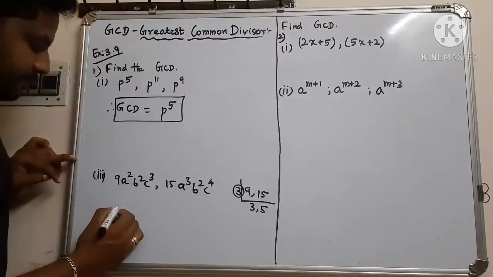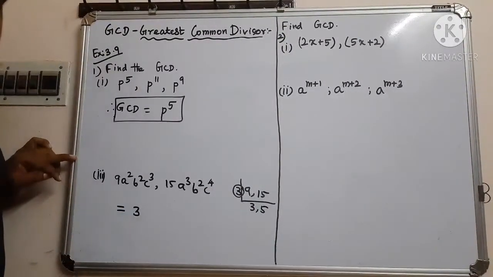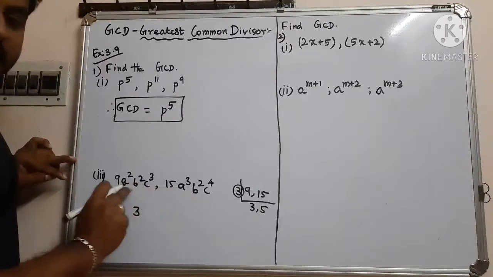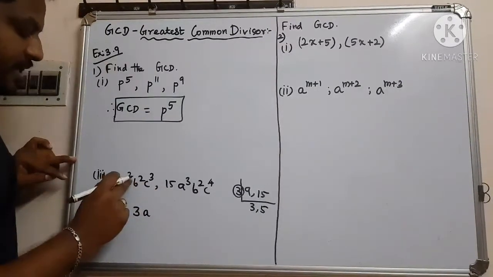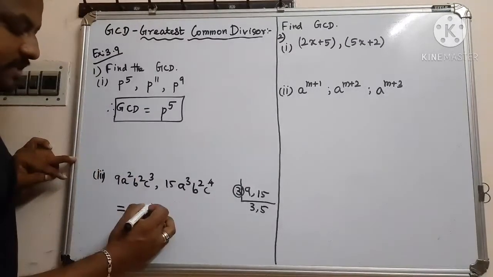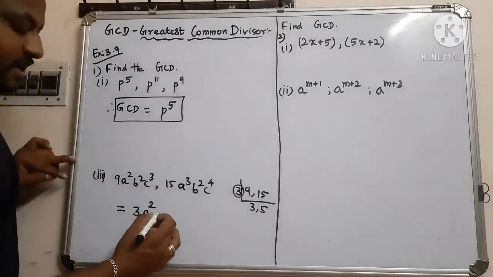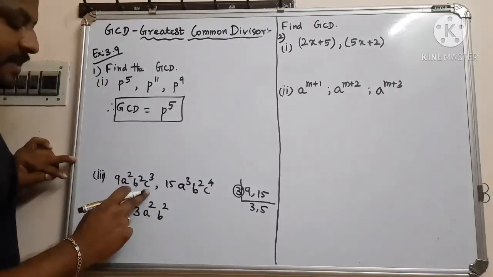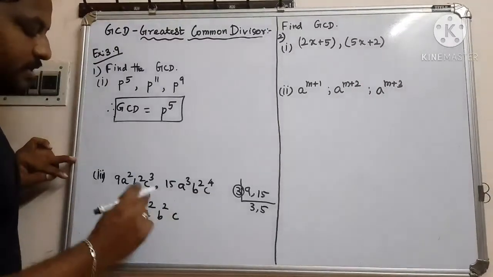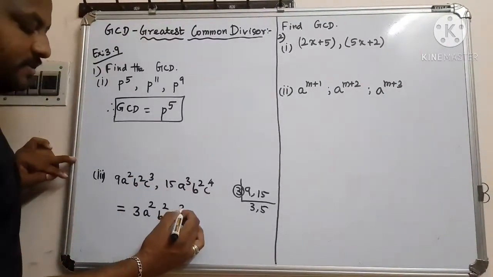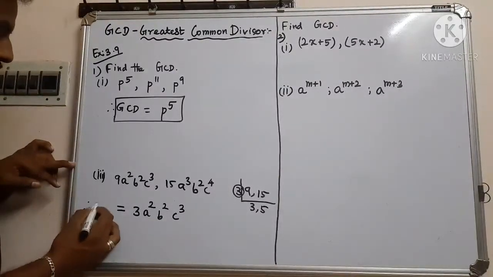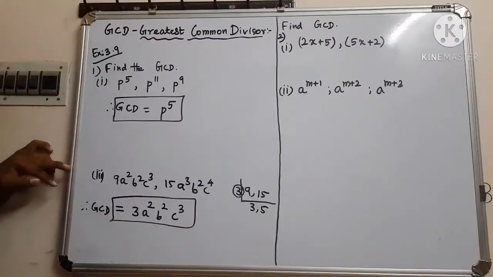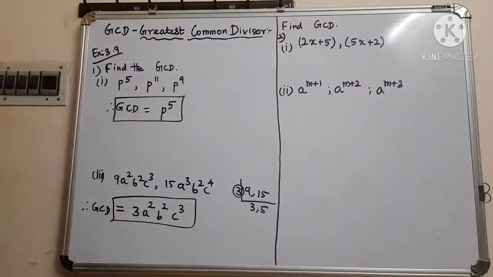Take 3 as common, and then look at the variable a. a is the common variable in both terms. You have to write the least power, a square. b is a common variable, both are the same, so write b square. Then c is a common variable, the least power is 3, c cube. Therefore GCD is equal to 3a square b square c cube.